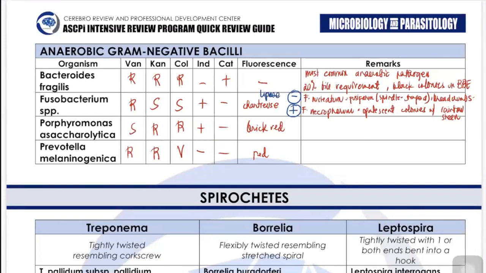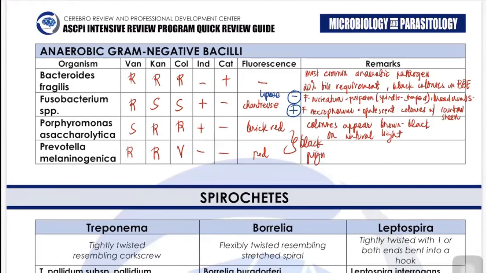Next, let us proceed to Porphyromonas asaccharolytica. It has brick red fluorescence when exposed to UV light. However, its colonies appear brown to black in natural light. Actually, both Porphyromonas asaccharolytica and Prevotella melaninogenica are pigmented organisms, because both of them have black pigment.